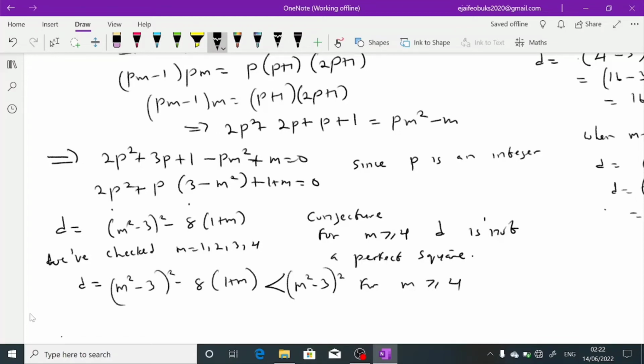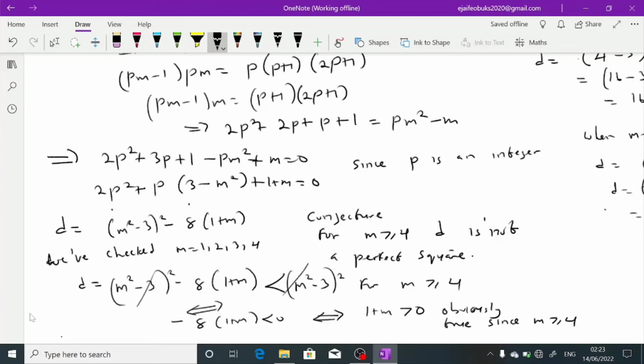Just know that if this is true, then it's true if and only if minus 8, and if and only if, which is true, obviously true, since m is greater than or equal to 4.